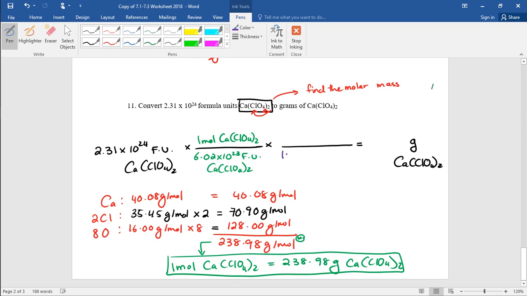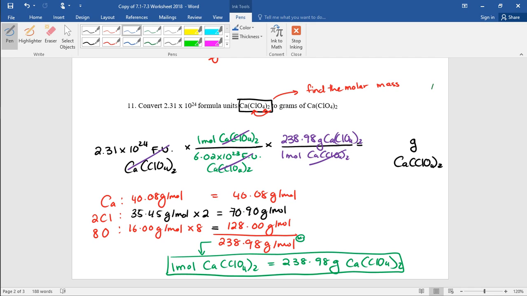So 1 mole of CaClO4 2 on the bottom, 238.98 grams of CaClO4 2 on the top. Formula units cancel out, moles cancel out. We know that our unit cancellation worked out nicely.